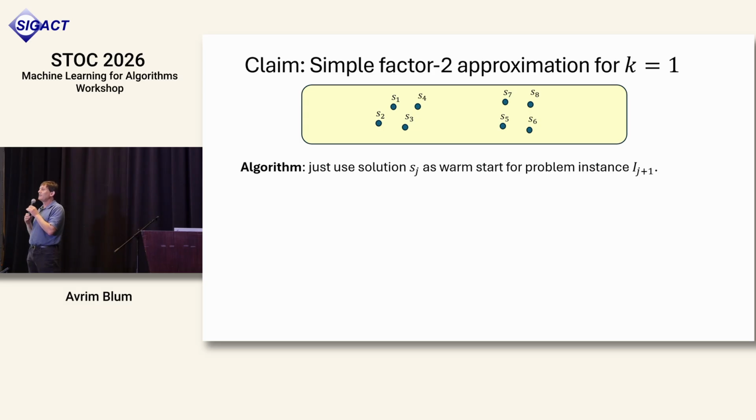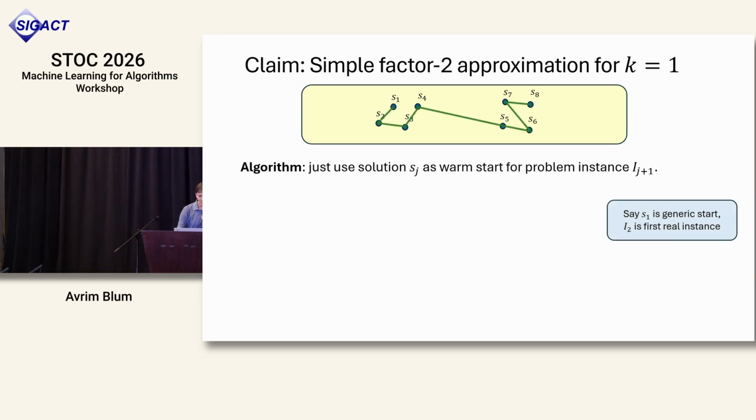Just use yesterday's solution as the warm start for today's problem and so forth. If you do that, then you're paying the cost of this green path. To make this precise, let's say that S1 is the generic start that you start with at the very beginning of the whole process, and I2 is the first instance. All these green lines are what you pay.